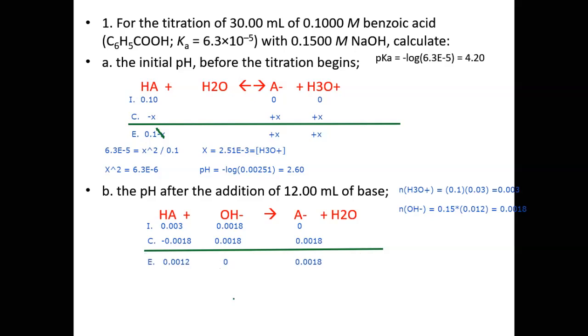Now we need to find the new concentration of acid and base.